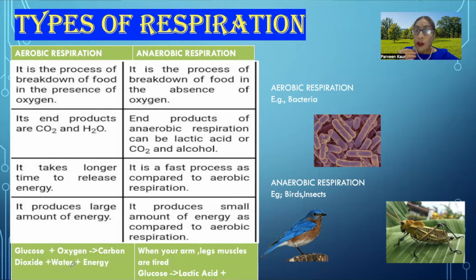But whenever you are running for a long time and your muscles do not get sufficient oxygen, your muscles produce lactic acid. At that time glucose is directly converted into lactic acid and carbon dioxide is produced.